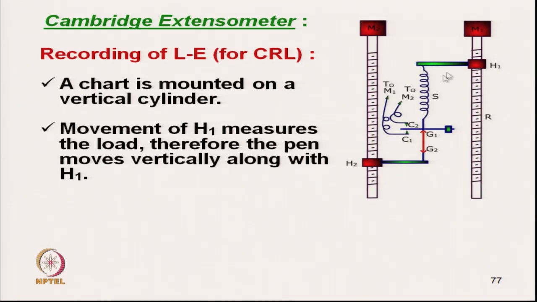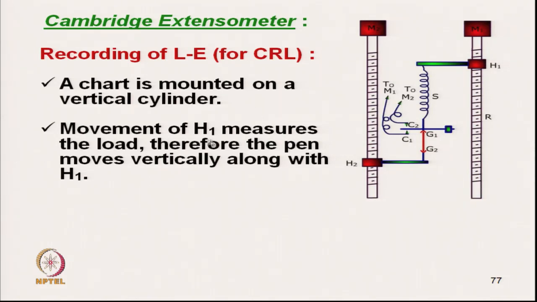The chart is mounted on a cylinder, and the cylinder gets circular motion from the motor M2. The pen is fixed on H1, so the vertical movement of the pen shows the load.